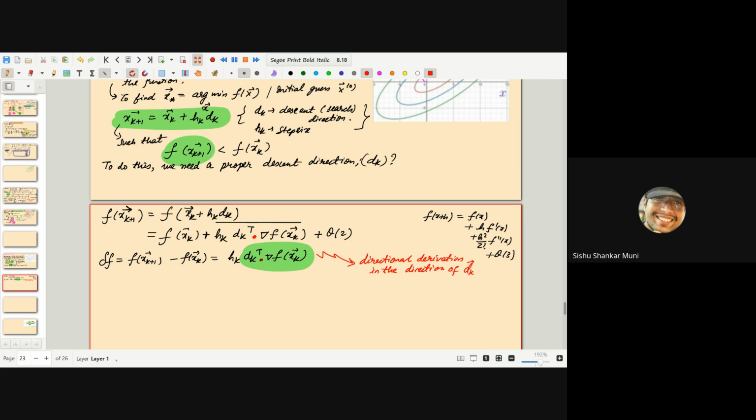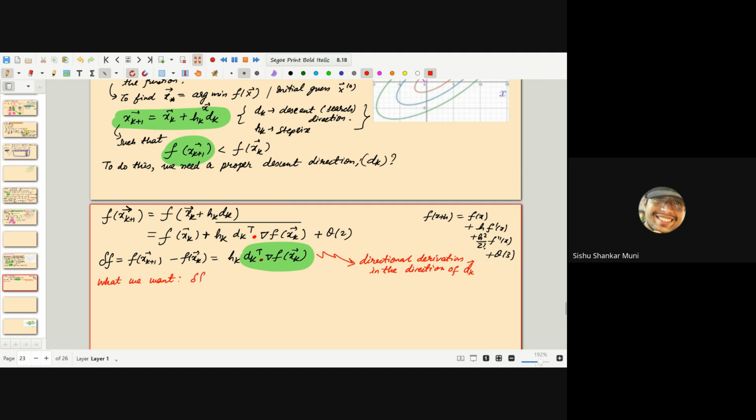Okay, now fine. So what do we want actually? We want f evaluated at xk plus 1 to be less than f of xk. So that means delta f should be negative, less than 0.